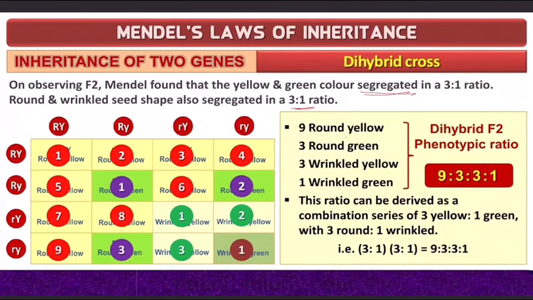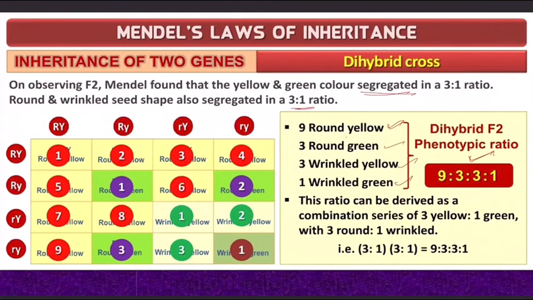Okay. Now look at this. On observing F2, Mendel found that the yellow-green color separated in a 3:1 ratio. Round wrinkled seed shape also segregated in a 3:1 ratio. Overall, if you see, how many round and yellow? 9 are there. You can count.